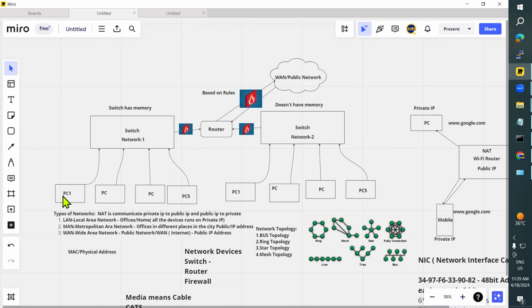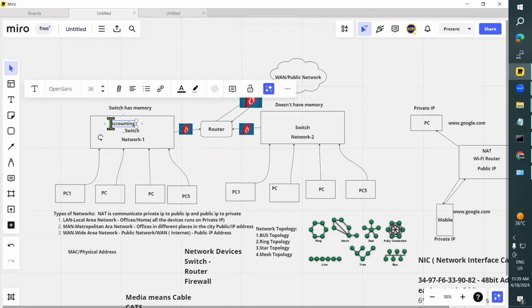For example, the person sitting at PC 1 is always watching YouTube, so the company is getting a higher public network bill. No one will give it free; we need to pay like a current bill. So I can stop YouTube here, and no one will access YouTube. And for example, this is the accounting, finance department.